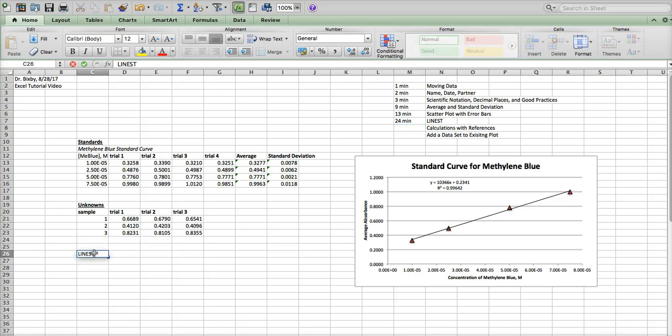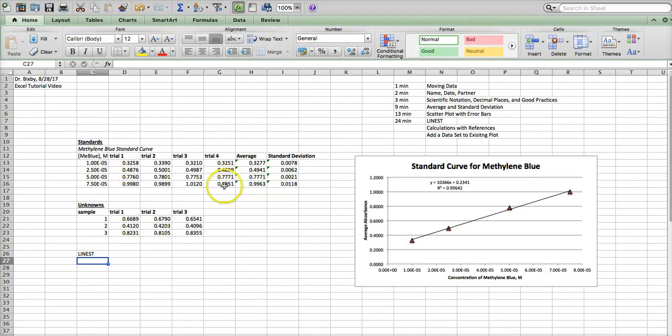So we've got the LINEST function here. In order to do the LINEST, actually have Excel calculate the parameters for this line, but also give you some error values for the slope and for the intercept.